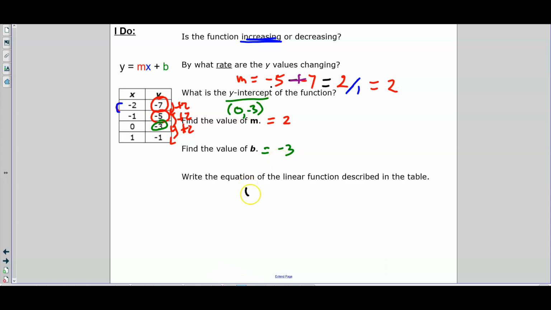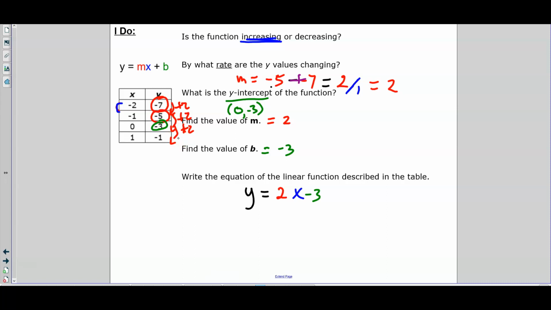All right, for the equation, we got y equals m. We just said that's the slope, so this is the 2 that goes in front. There's your x. And then for b, we can say plus or minus. In this case, it's a -3. And then that's your linear equation for that particular table.